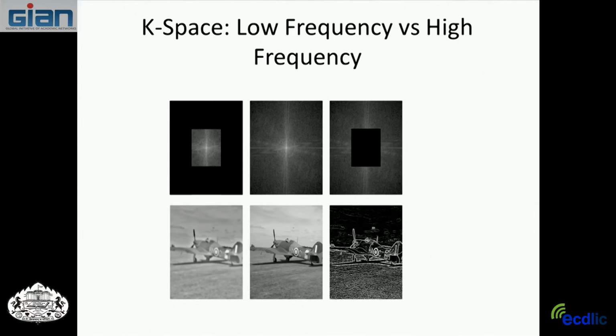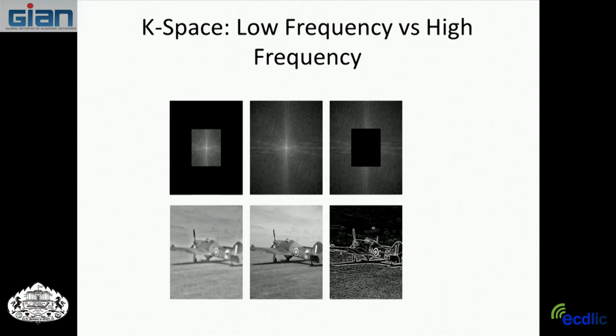We talked about low frequency in K-space versus high frequency. So the middle picture here is the ideal image that we would get if we took into account all the low and high frequency information. If we chopped off the higher frequencies, which are located on the outer bands of K-space, we get a low frequency image, which allows us to get the bulk of the detail of what the image is.